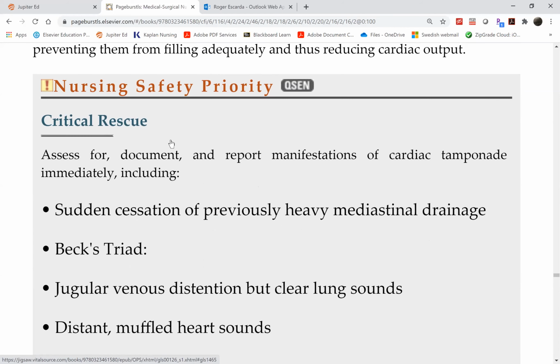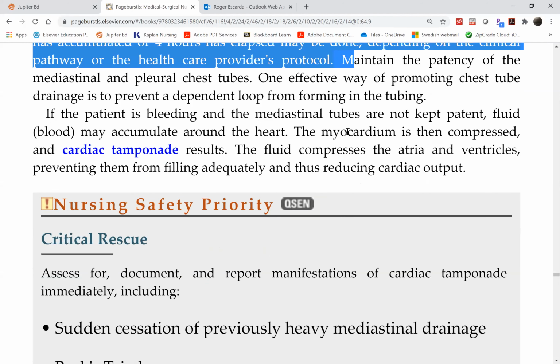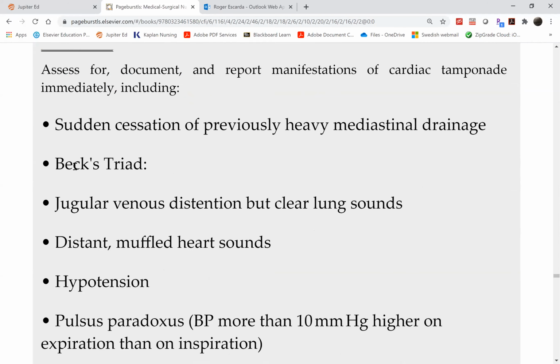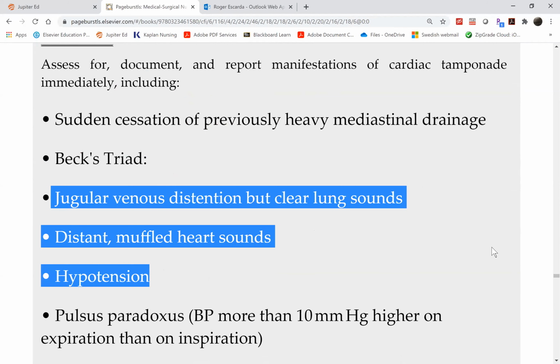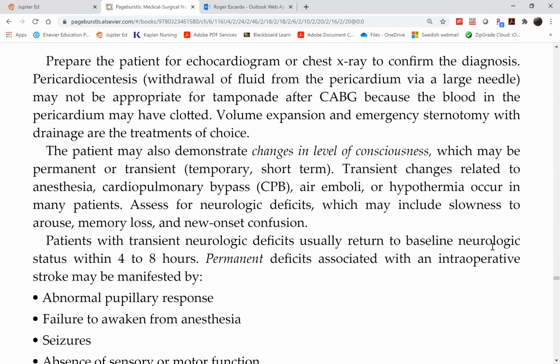Okay, so one of the causes of cardiac tamponade is after open heart surgery. So if the chest tubes become blocked, it will result in blood accumulation in the mediastinum, and cardiac tamponade results. So these are your Beck's triad, and then call the physician if you see them.